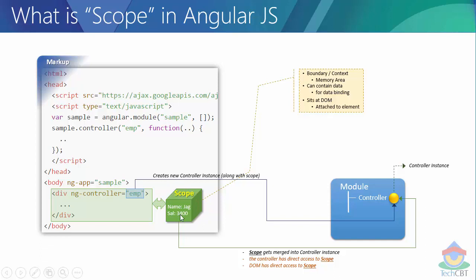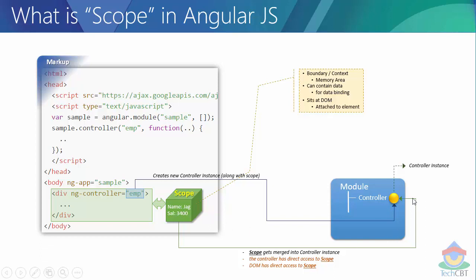So it creates both. The moment it touches EMP, it creates both a controller instance and the scope. And while the controller instance is being created, this particular scope also gets merged into that controller instance. So our controller instance will have direct access to this particular scope.